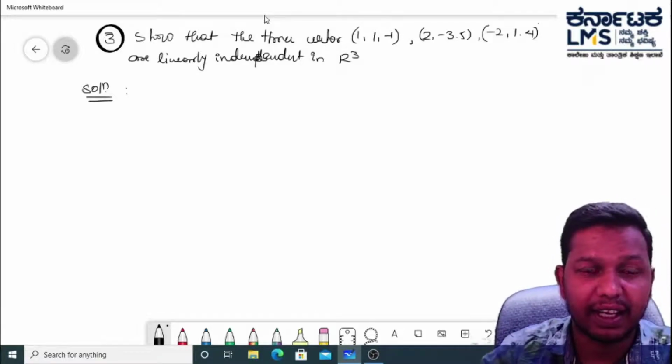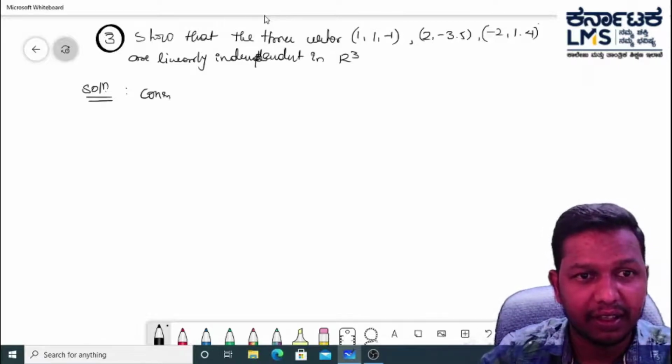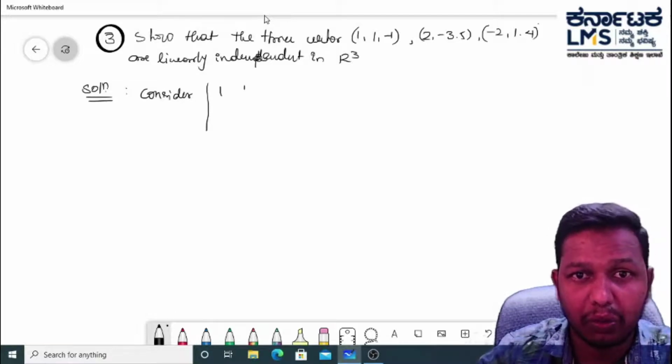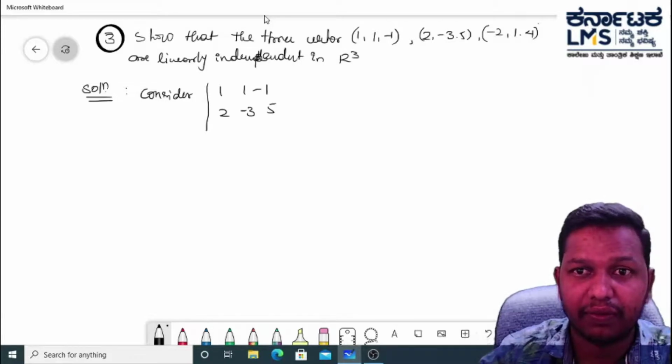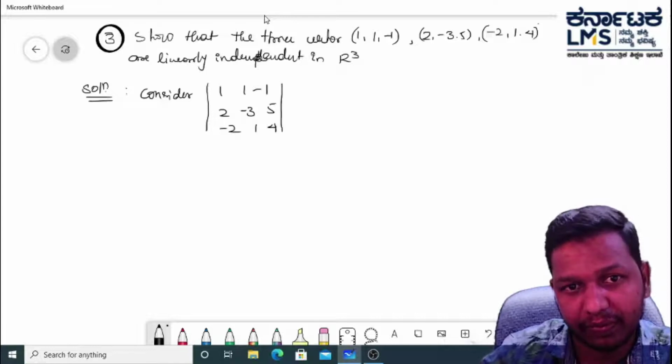I consider directly the determinant of the vectors, that is, consider the determinant 1 1 minus 1, 2 minus 3 5, minus 2 1 4.